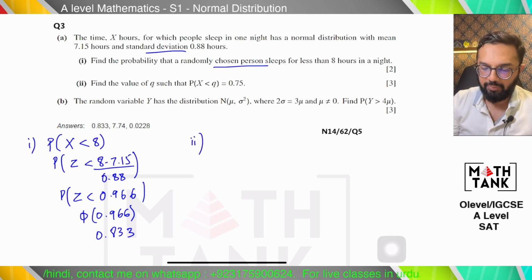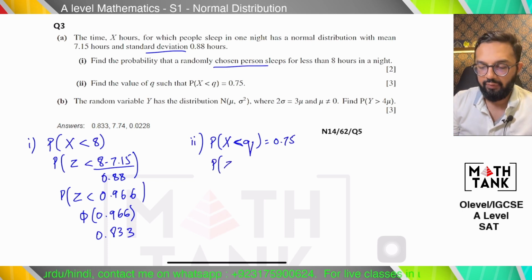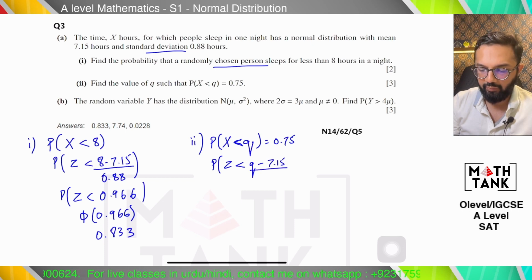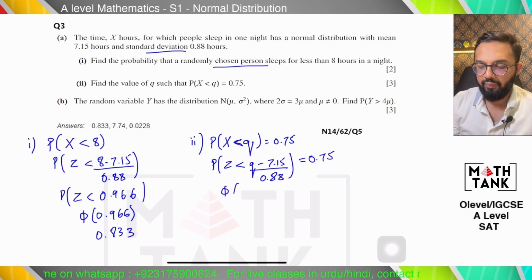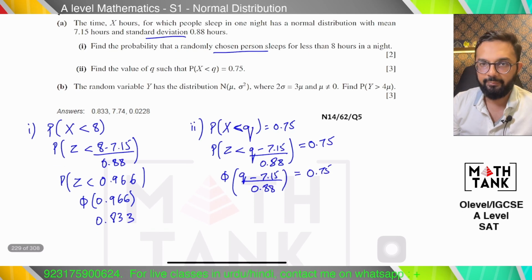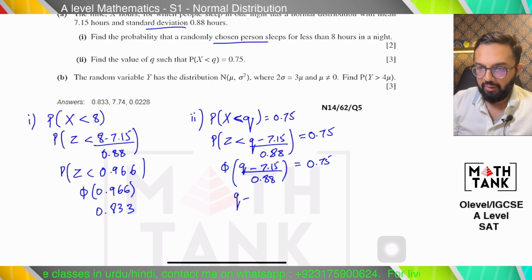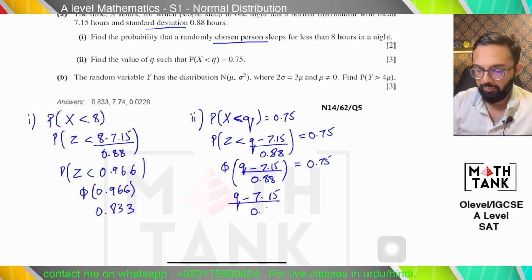Part 2. It says probability of x less than q. So probability of z less than q minus 7.15 divided by 0.88 again. You first convert it to z, then you do phi of q minus 7.15 over 0.88 equals 0.75. This becomes q minus 7.15 divided by 0.88 equals phi inverse of 0.75.